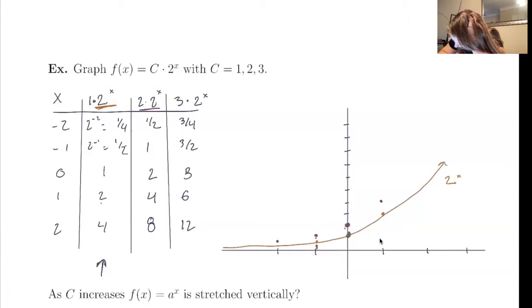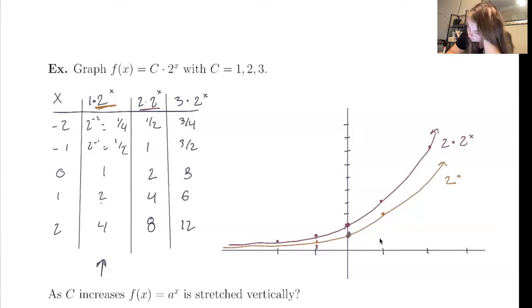So 1, 2, 3, 4, 5, 6, 7, 8. It's like over here. Up and up and up, and that is 2 times 2 to the x.